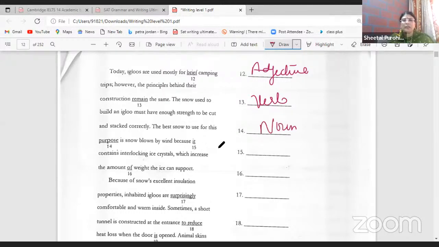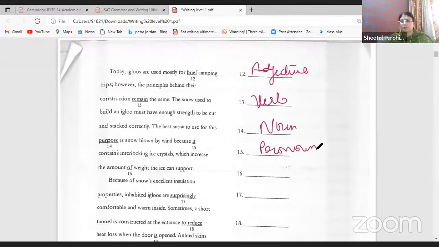Then we have it. It is a pronoun. Of is a preposition.